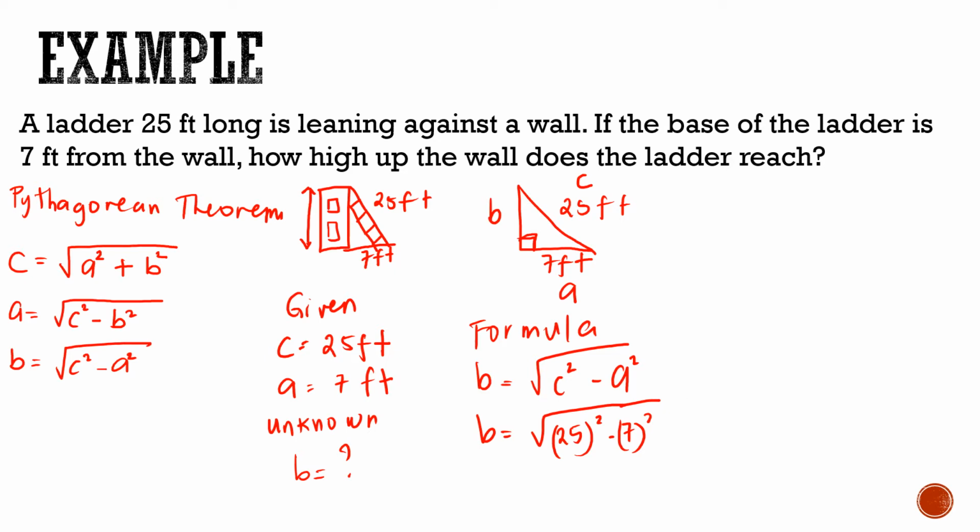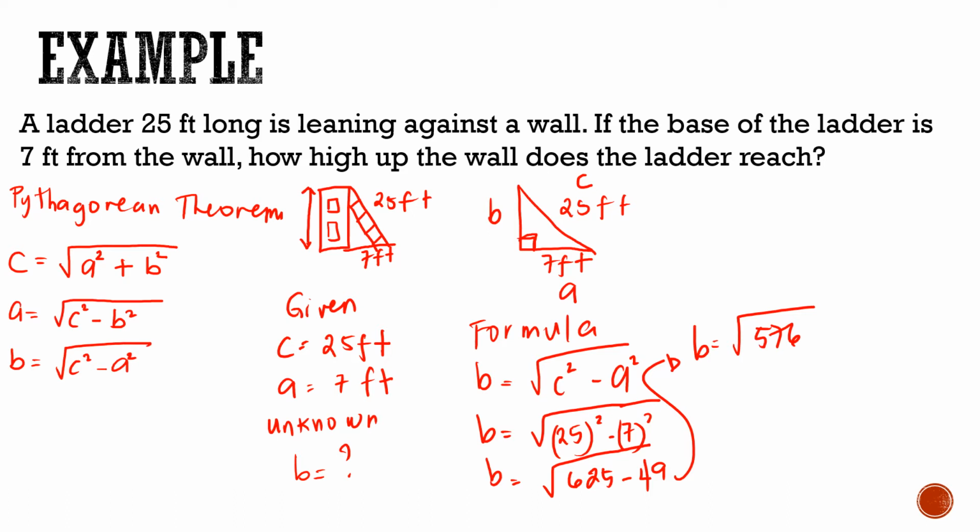So let's simplify. B is now equal to the square root of 625 minus 49. Subtracting 49 from 625 will give us a difference of 576.